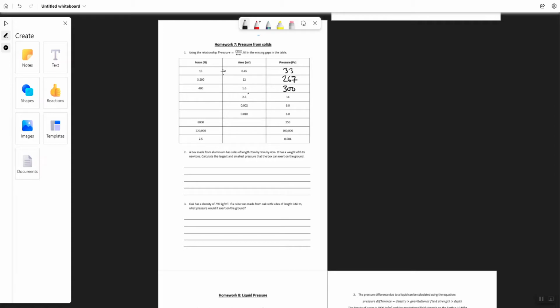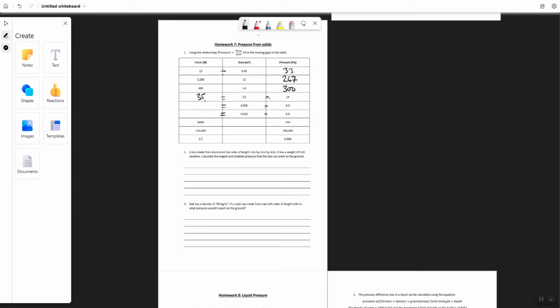Okay. Then we've got to work out the force. So if we rearrange it, we've got pressure equals force over area, so we end up with pressure times area is force. So we actually are multiplying these two together. So we've got 2.5 times 14, we've got 35.